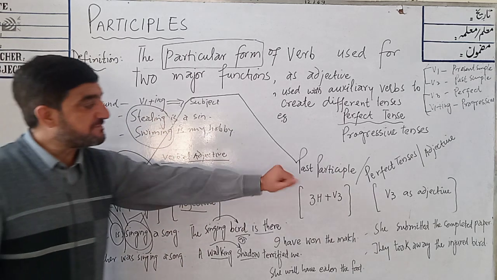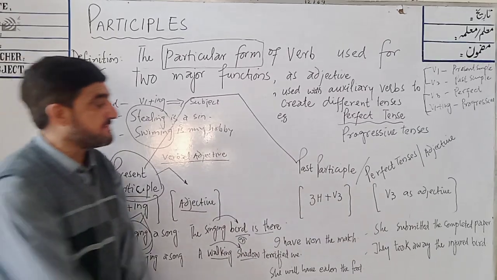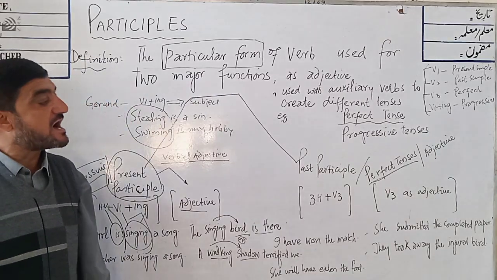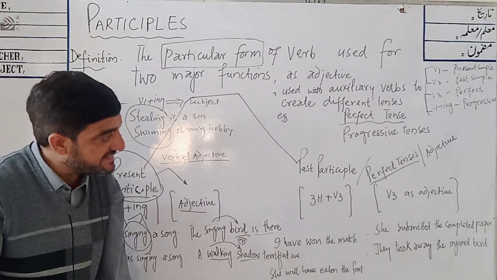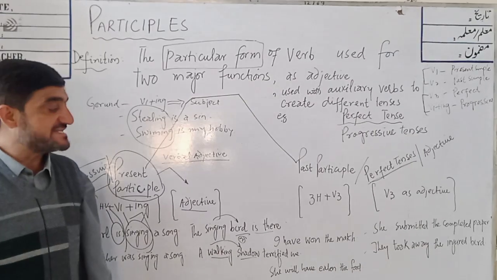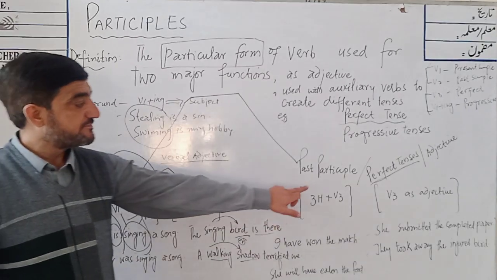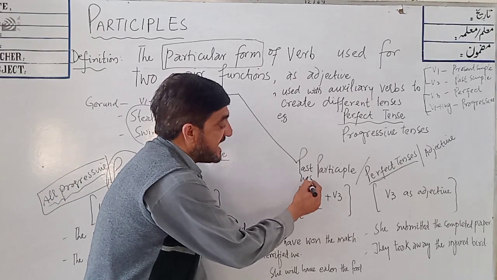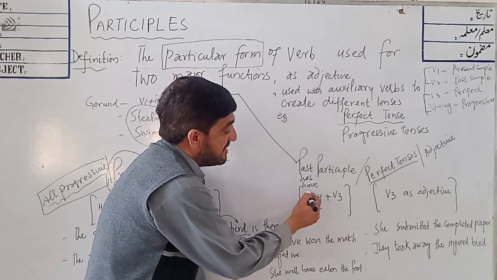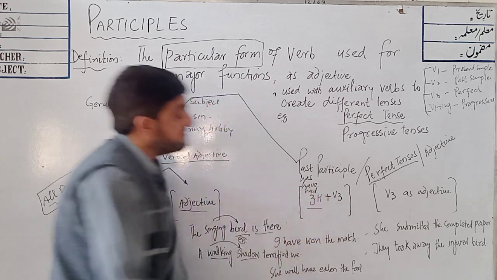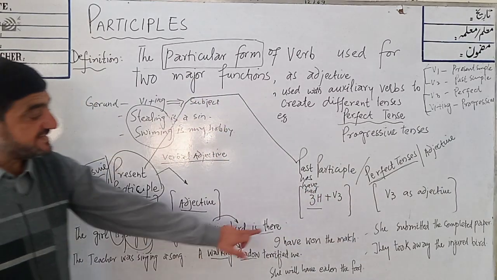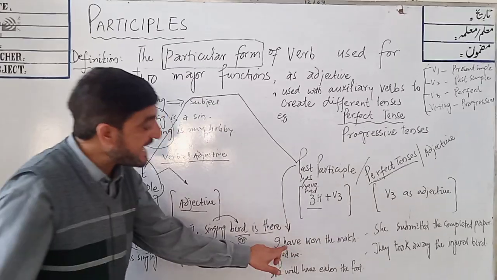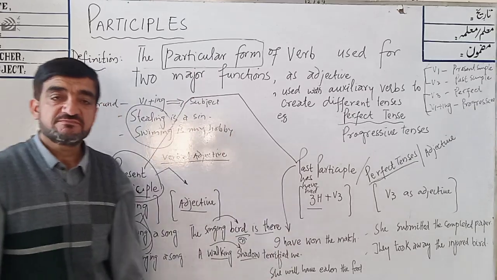A past participle is called past participle because it is used for the making of perfect tenses, along with being used as adjective. And past participle means 3H, that is has, have or had. You can see this is the perfect tense. I have won the match.